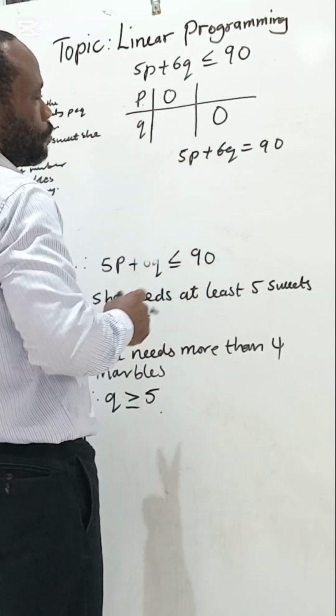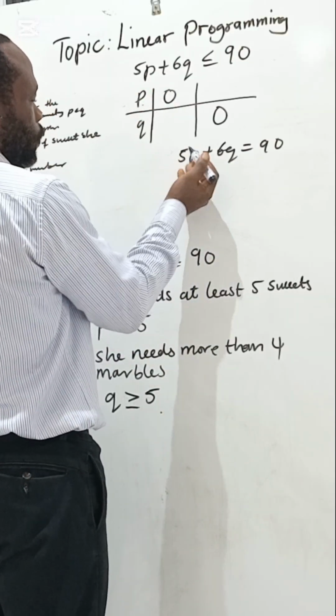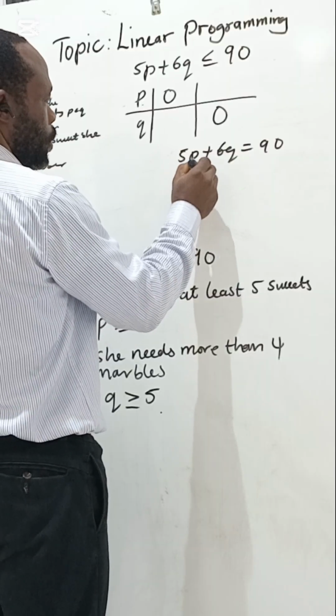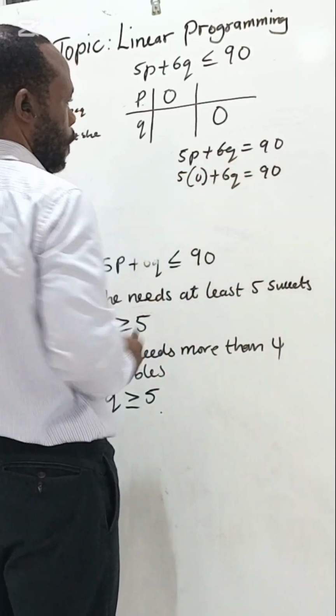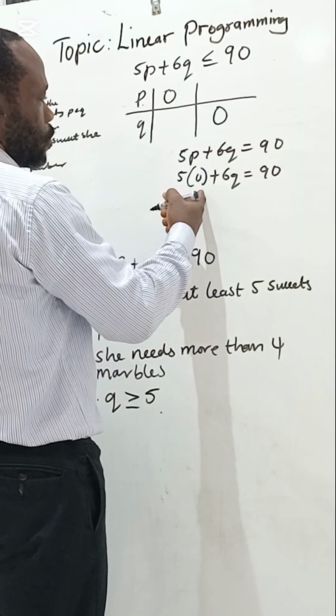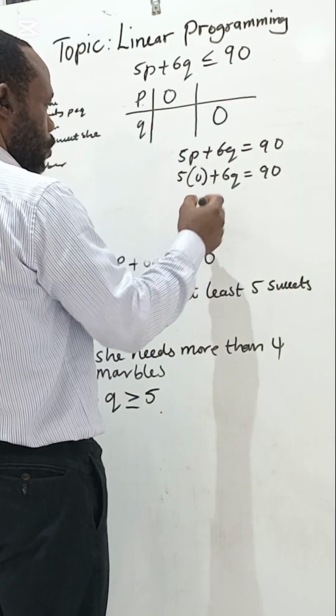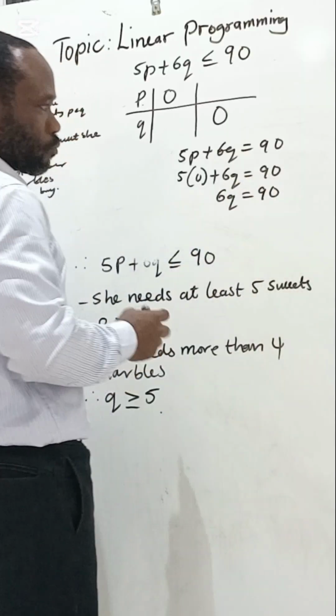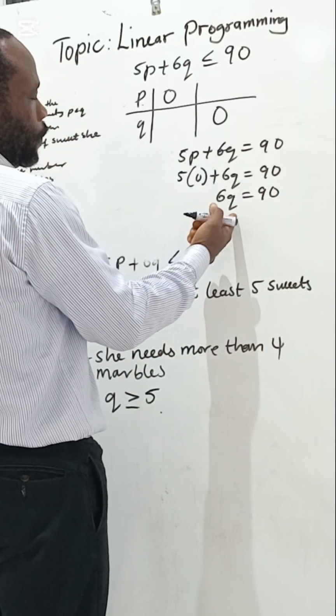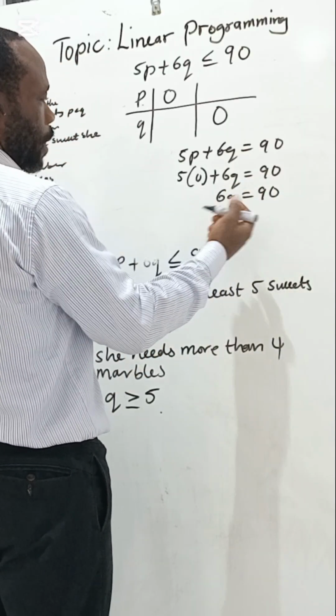So when p is equal to 0, this becomes 5 multiplied by 0 plus 6q is equal to 90. 5 times 0 is 0, so we have 6q is equal to 90. To get the value of q, we divide both sides by 6.